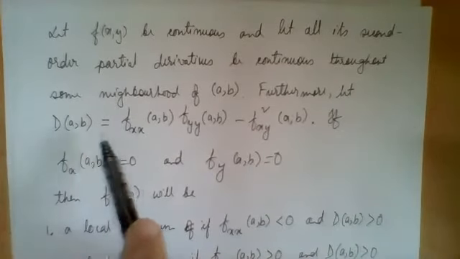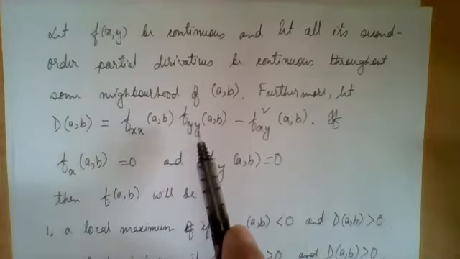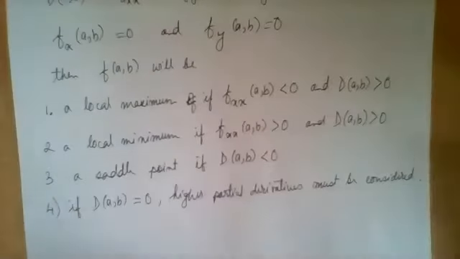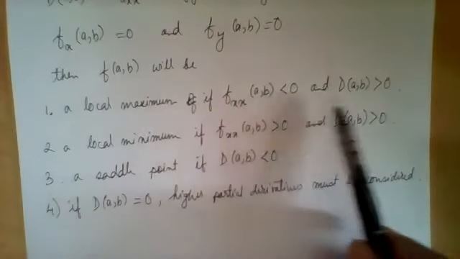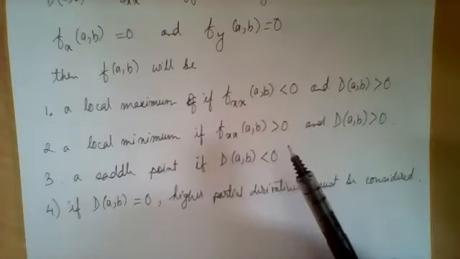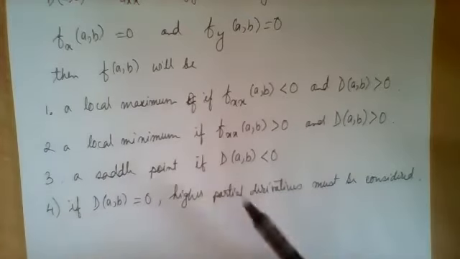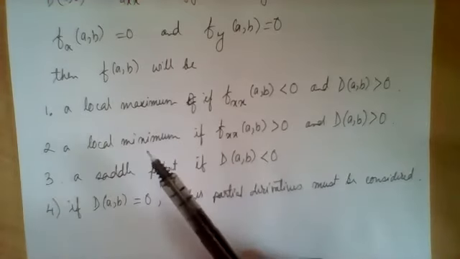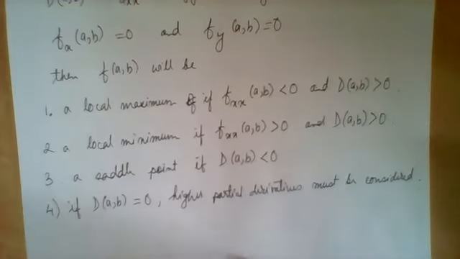D is defined as fxx fyy minus fxy square. Depending on the sign of fxx and the sign of D, there are different possibilities: local maximum, local minimum, or saddle point.